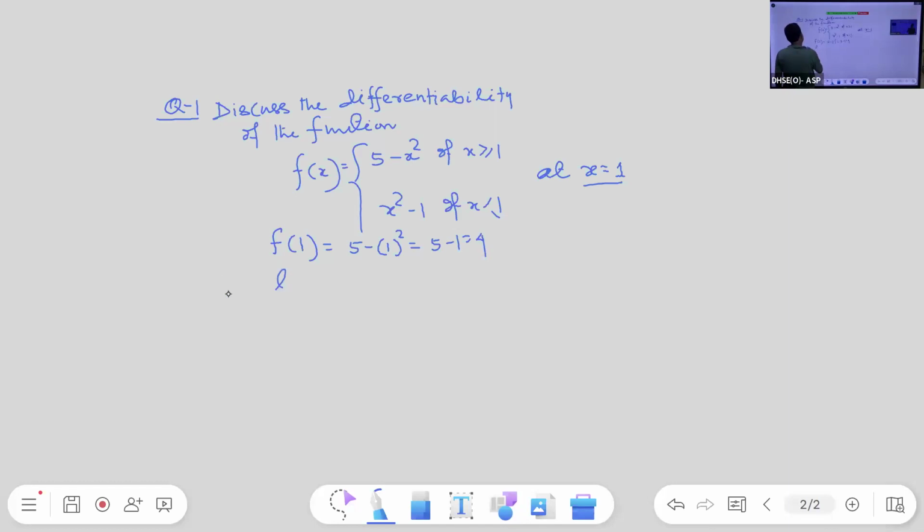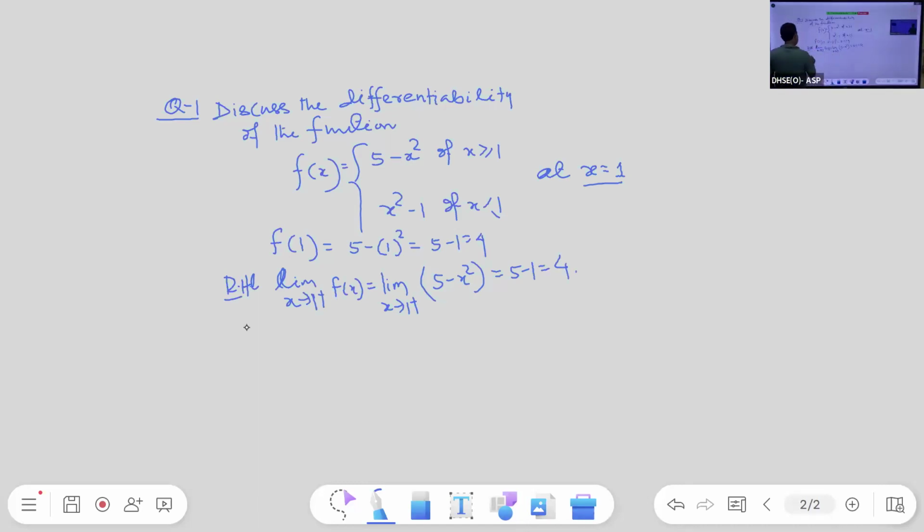RHL: limit x tending to 1 plus f of x is equal to limit x tending to 1 plus of 5 minus x square, which is equal to 5 minus 1 equals 4.